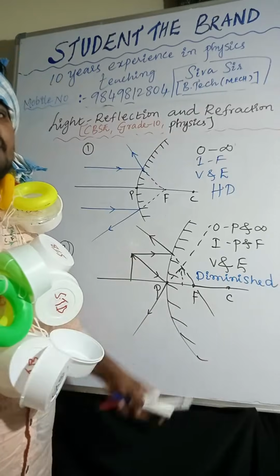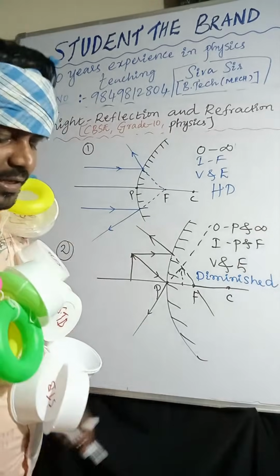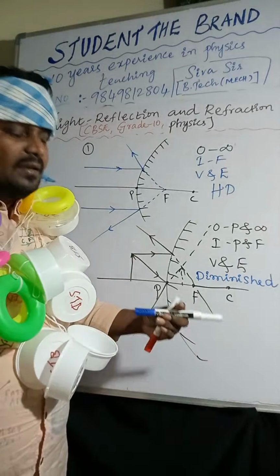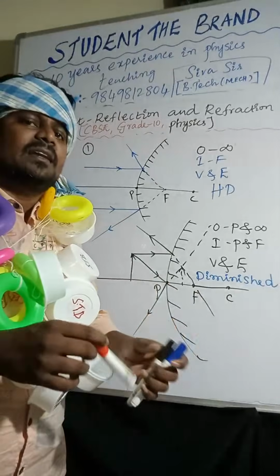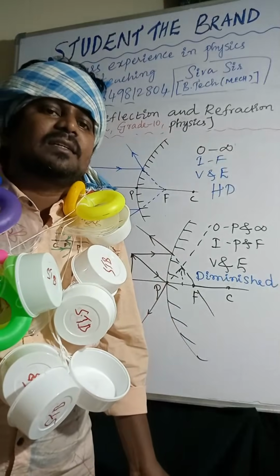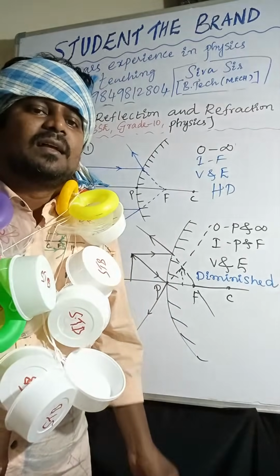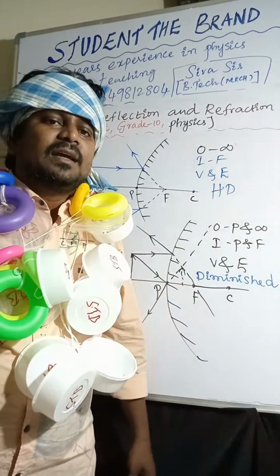Next one, that is the new Cartesian sign convention. All distances are measured from the pole.